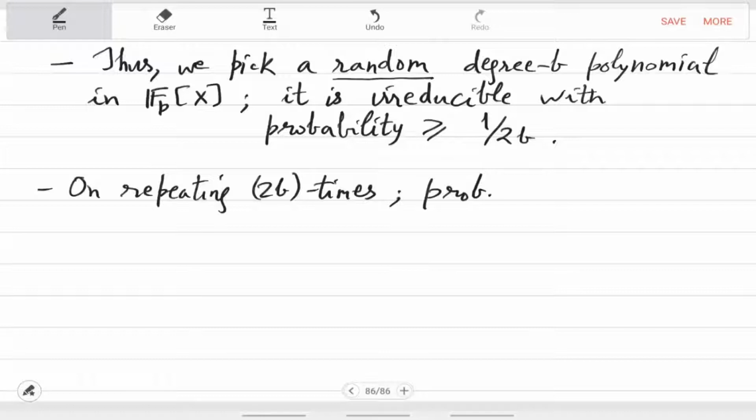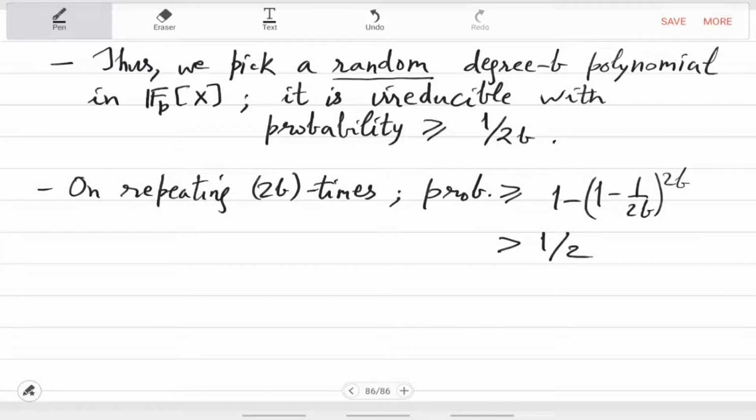then this probability is at least, so the chance that each of the 2b choices are bad, that is 1 minus 1 over 2b raised to 2b and then complement of that, and that you can check is more than half.